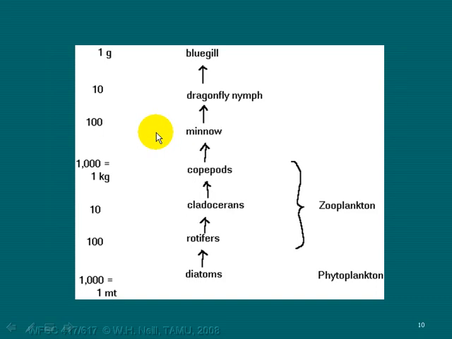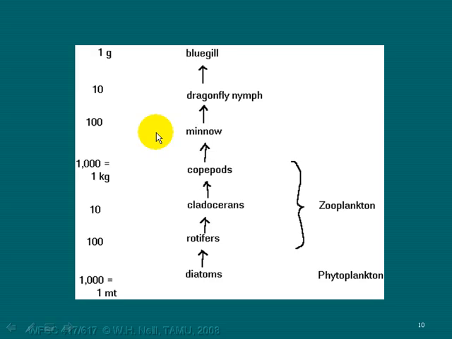So there's that 10% rule, and it's kind of interesting to consider the algebra, or the geometry, I guess it really is, of the situation. I mean, by my scheme here, it takes a metric ton of diatoms to produce 1 gram of bluegill? Probably not. That would be a really extreme food chain.